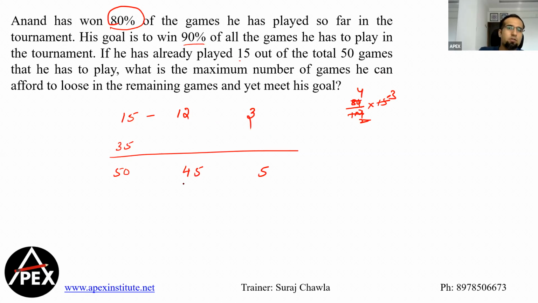His total target is to win 45, which means, can I say in the next 35, the minimum number of games he has to win is 33. That means he can only afford to lose, the maximum number of games that he can afford to lose is going to be 2 games. Am I clear, guys?